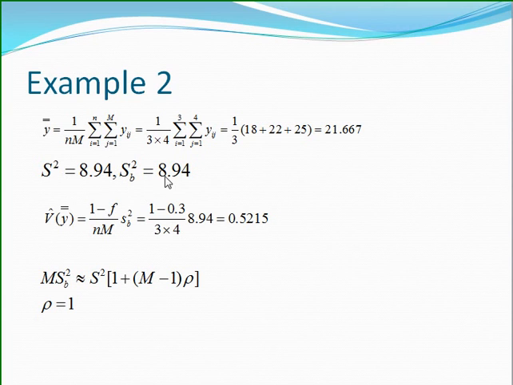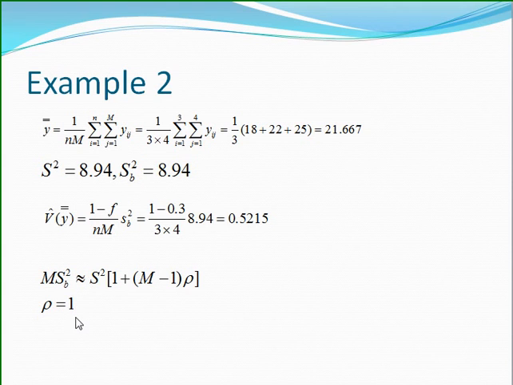And then we add this value into the estimate of the variance of the mean of the sample. We can get this estimator ending up as 0.5215. And then this part is the equation. If we put this value inside, this part is equal to n, which causes rho to equal 1, which is the maximum value of rho.